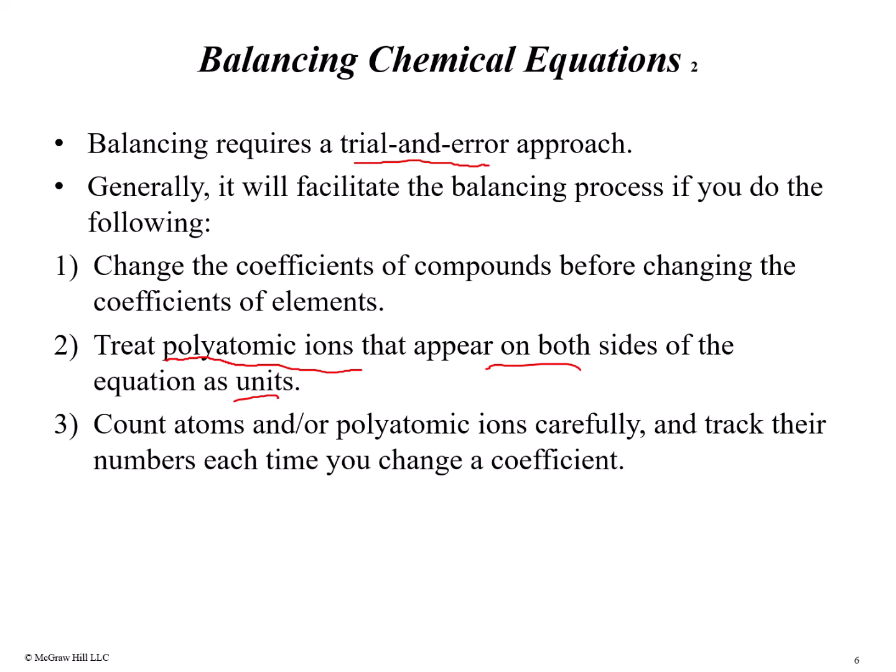Like if you have phosphate on one side and it's still phosphate on the other side of the chemical yield sign, treat it as a whole unit. Do not break that down into 1 phosphorus and 4 oxygen. It'll make it much easier to balance your equation if you do that. All right? So that's the big rule for me.